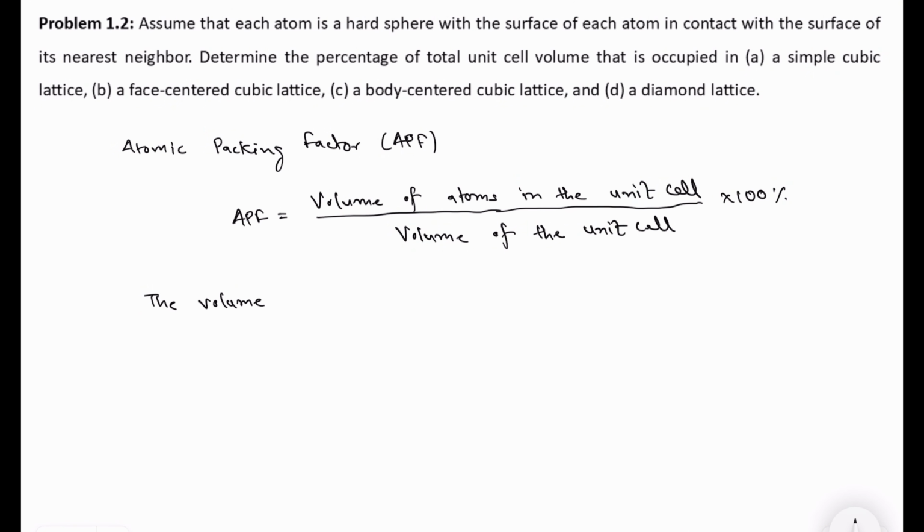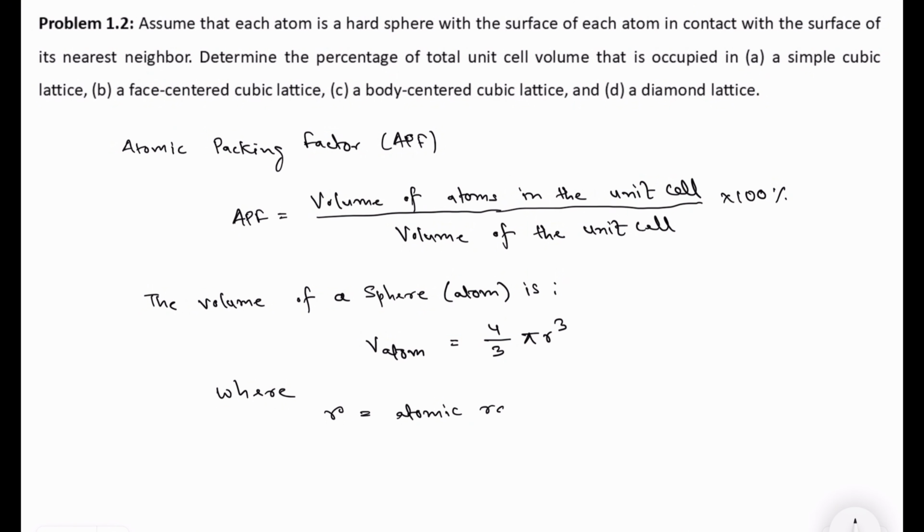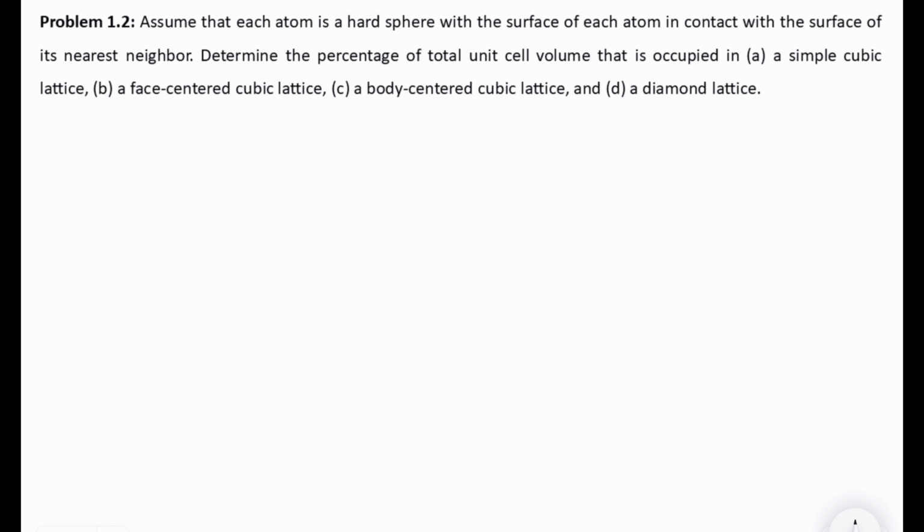Also, the volume of a sphere atom is equal to 4/3 πr³, where r is the atomic radius and a is the lattice constant.